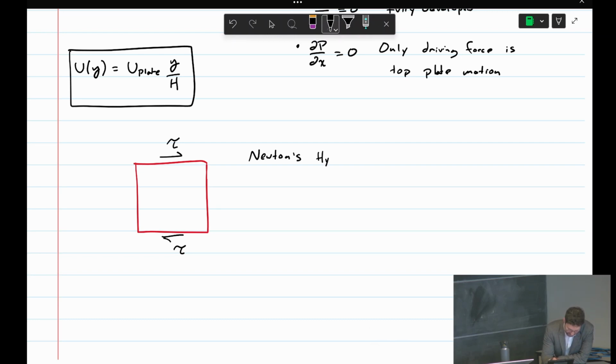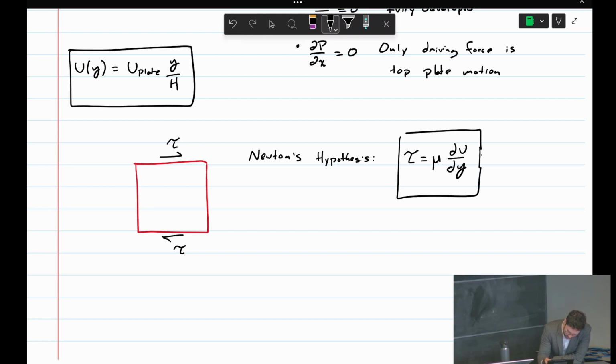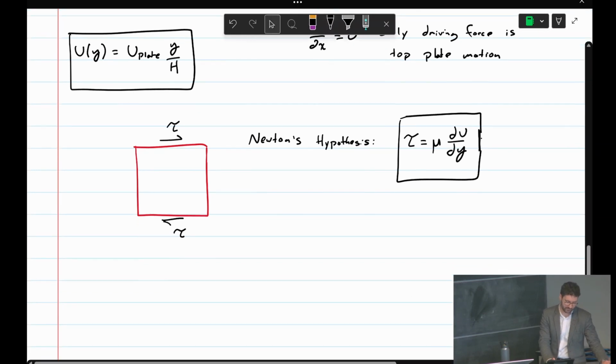But in, I believe it was Principia Mathematica, Newton's very famous calculus and physics book, a very important book, Newton hypothesized that shear stress is equal to some constant times the velocity gradient. So that's called Newton's hypothesis.